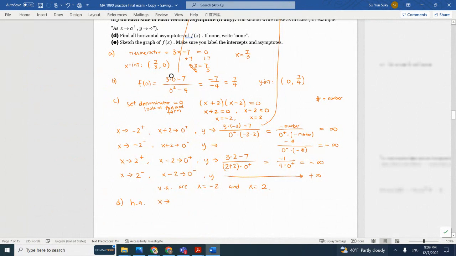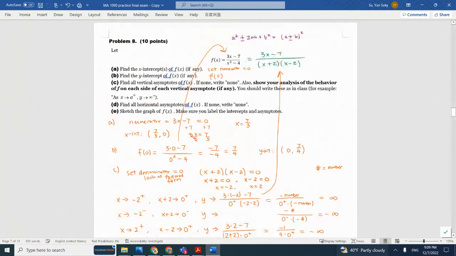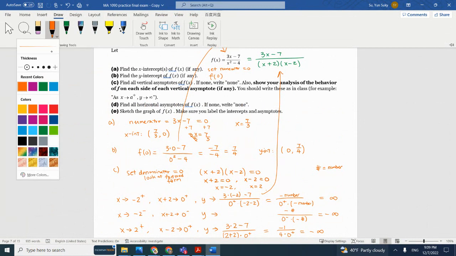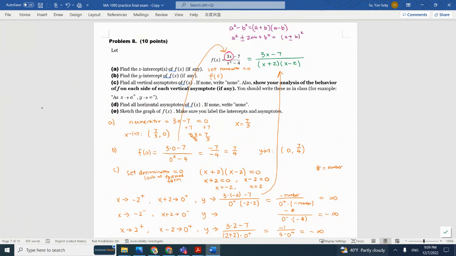Horizontal asymptote. So we consider x goes to infinity. Then for y, you look at the dominant terms, which is the highest power term. The dominant term of the numerator is 3x. The dominant term of the denominator is x squared.